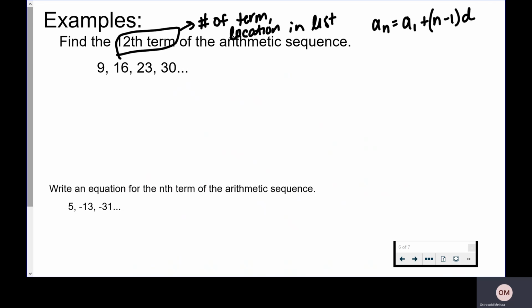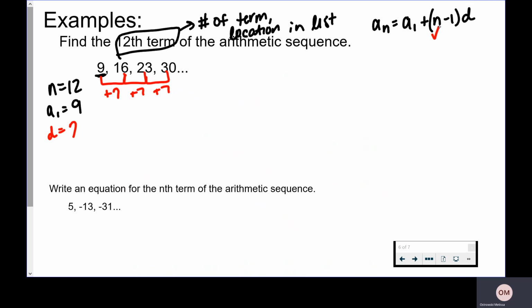So we already know n. n is equal to 12. I know my first term, I can see that right here, 9. I can figure out what my common difference is. From 9 to 16, I add 7. From 16 to 23, I add 7. From 23 to 30, I add 7. So d is equal to 7.